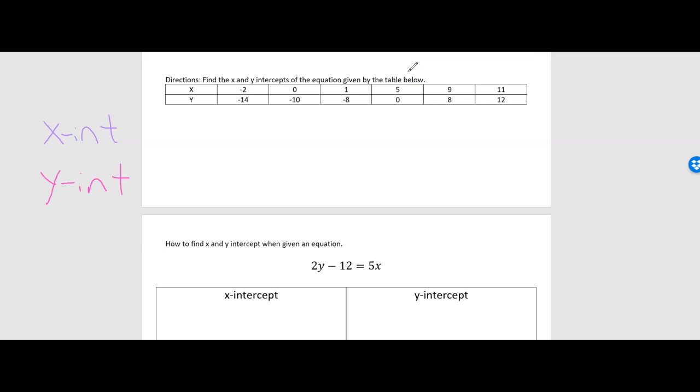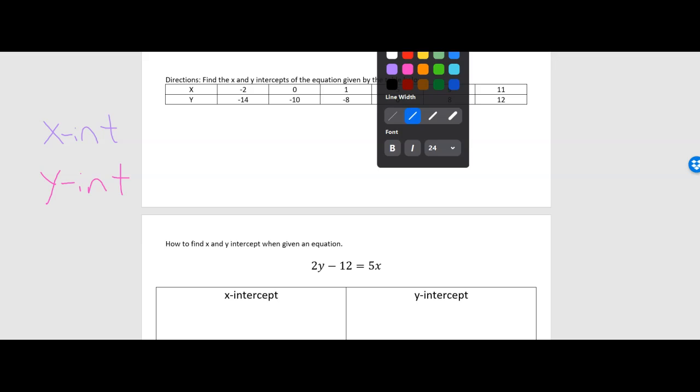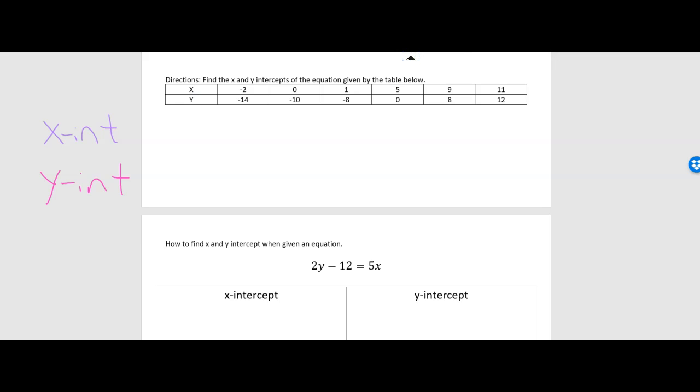We know that for the x-intercept, our y value is 0. So we go to the table and look at our y value, and y is 0 right here. So our x-intercept is at (5, 0).